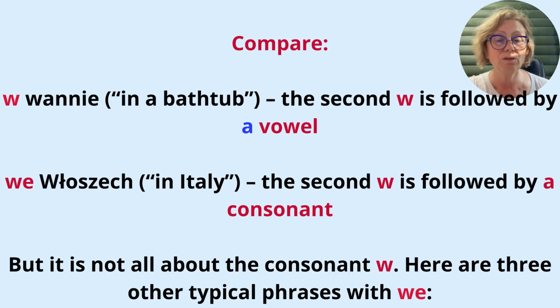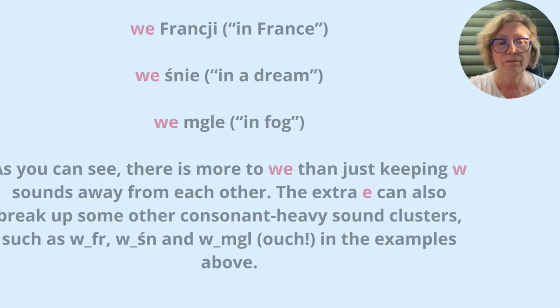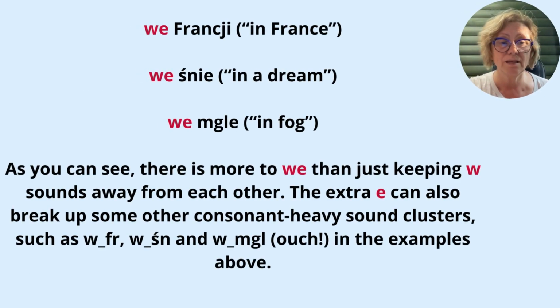But it is not all about the consonant w. Here are three other typical phrases with w. We Francji, in France. We śnie, in a dream. We mgle, in fog.